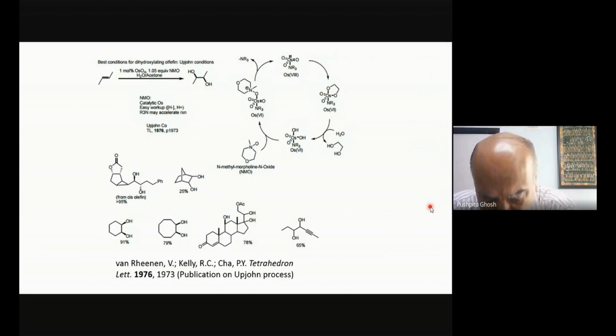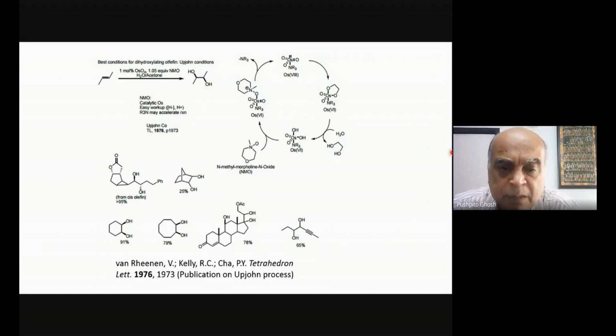So this osmium-based chemistry in asymmetric synthesis gave good results. But the fact of the matter is that it was only of limited interest because you required stoichiometric amounts of the osmium compound.